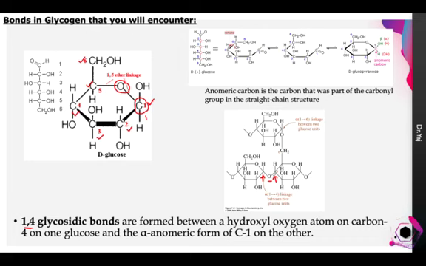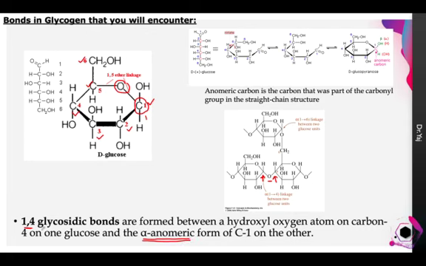This particular linkage is called the alpha 1,4 glycosidic linkage. Why is it called the alpha 1,4 glycosidic linkage? Because of the involvement of the alpha anomeric form of glucose in this particular bonding.